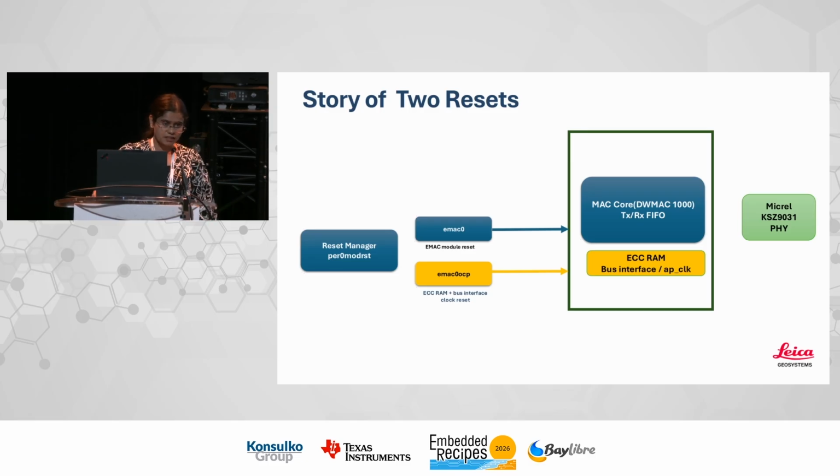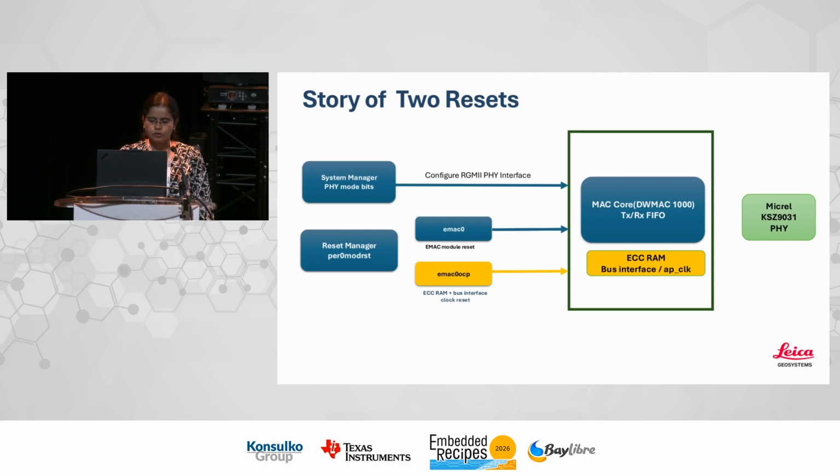The EMAC0 reset, which is quite important, takes care of the TX/RX FIFO inside the core. And we have the OCP reset, which takes care of the ECC RAM, which is not that important, but also the bus interface, which is the connection from your EMAC controller to the SoC.